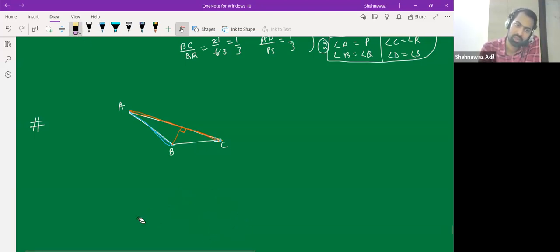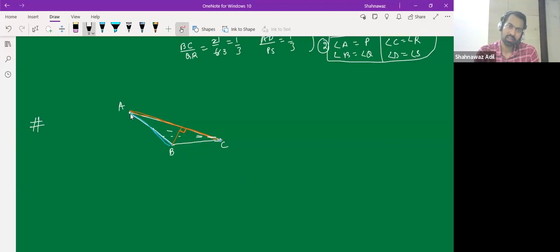Just think about it, guys, can I draw the perpendicular like this, like this, like this? Can I draw the perpendicular on AB?